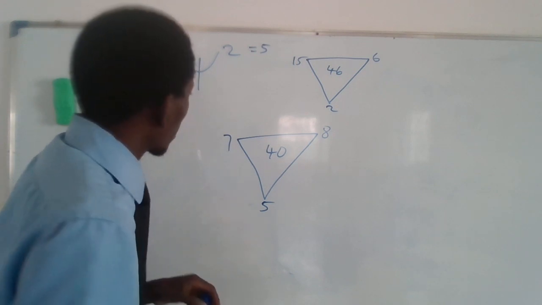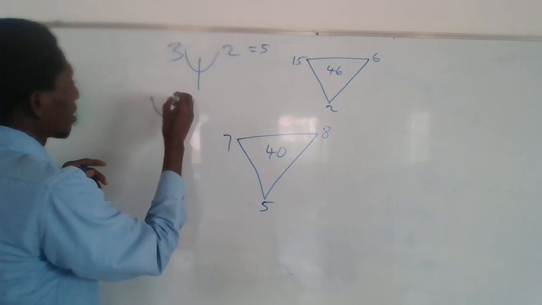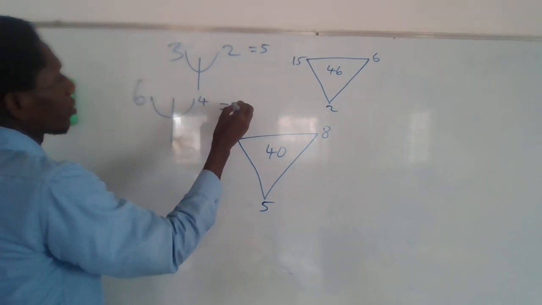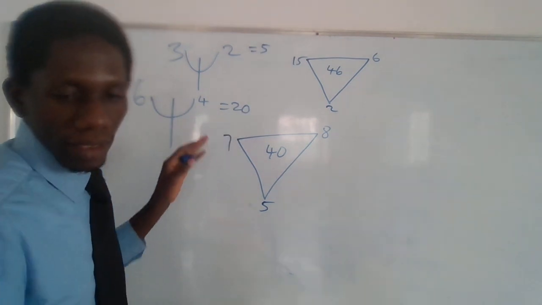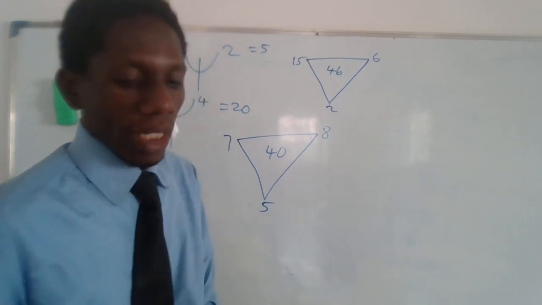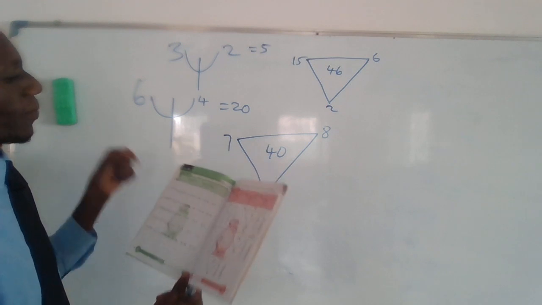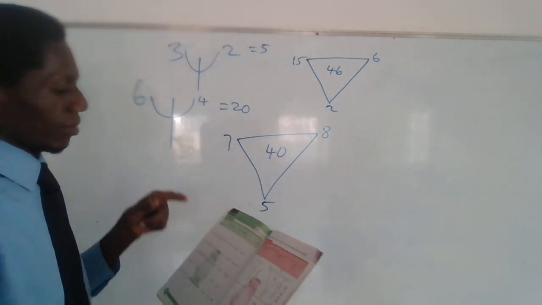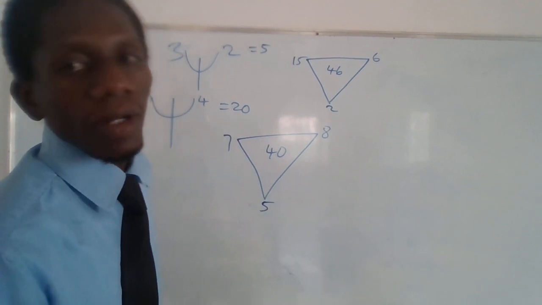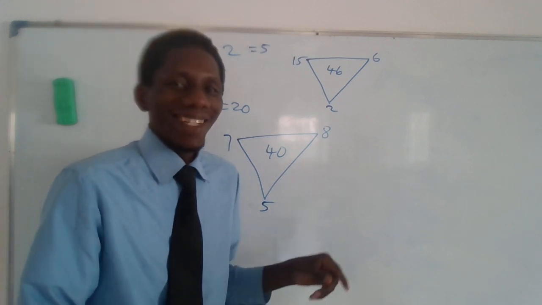But then I have another problem similar to this, where I have 6 and 4 to be equal to 20, in the same book. There's a symbol there that looks like the one we use in quantum physics.